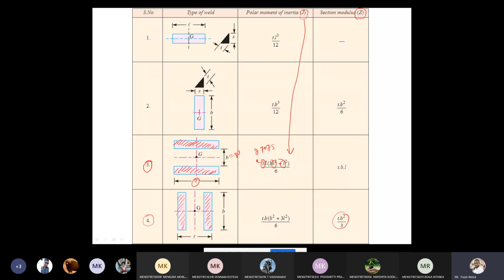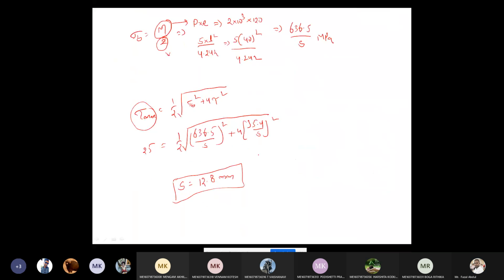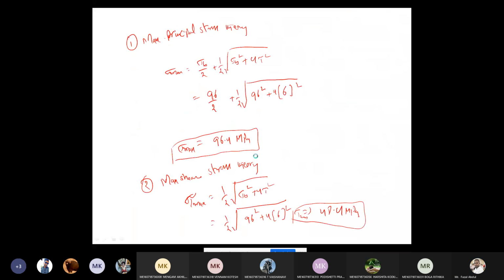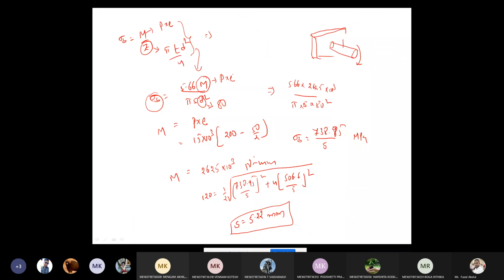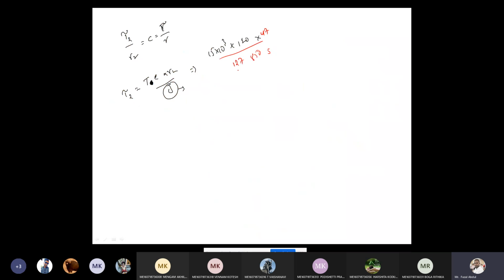Substitute all the values in this equation and you will get 127,850 into S.